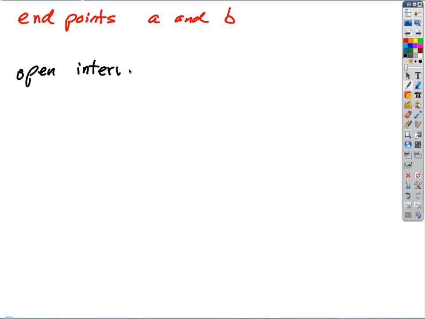If I have endpoints a and b, what's an open interval going to look like? If I were to graph it on the real line, and this is a, and that's b, what would its graph look like?